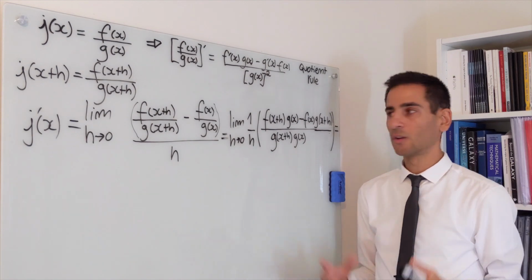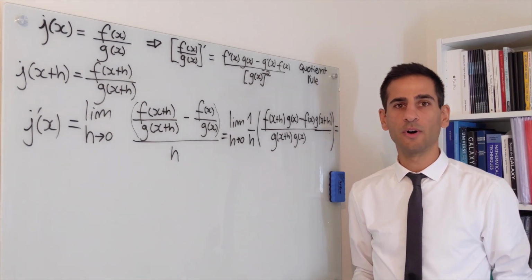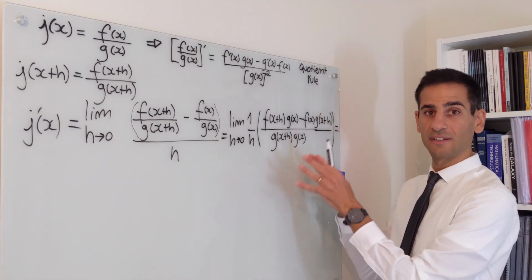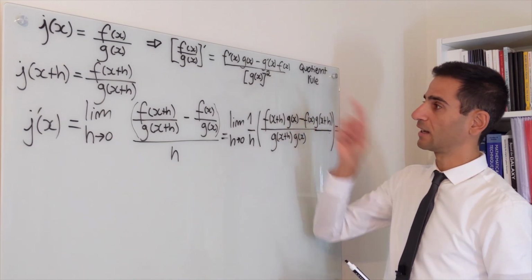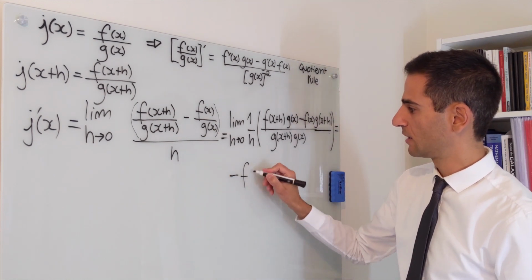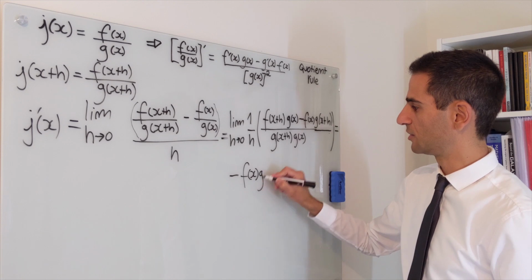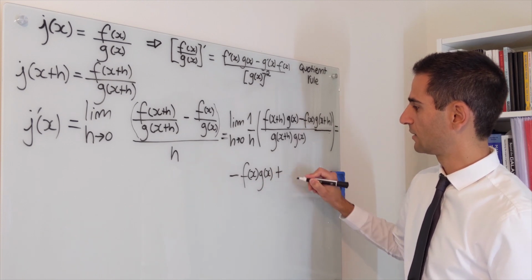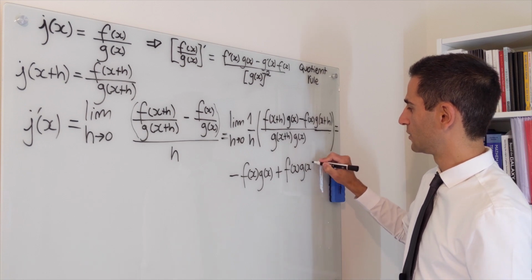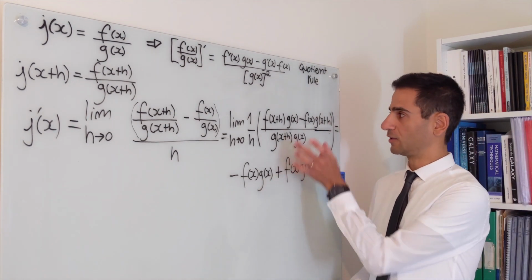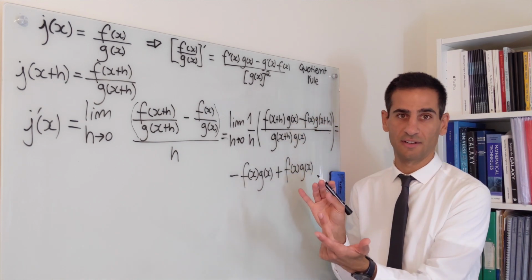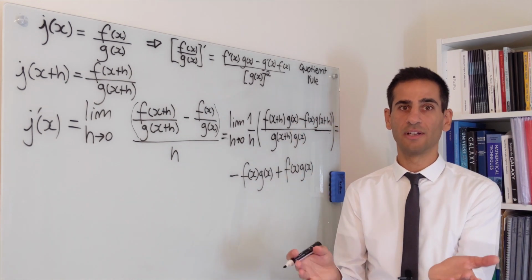So, success. Once we get to this stage, what we want is a small trick, something that we can add and subtract, so we can then split these terms and get to something like this. In this case, what we're going to do is subtract f of x times g of x and add f of x times g of x. This is what we're going to put in here. This is okay, again, because it cancels out. We're essentially adding 0 to the expression.